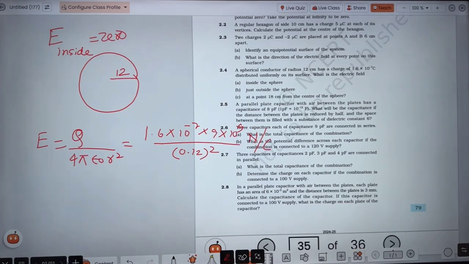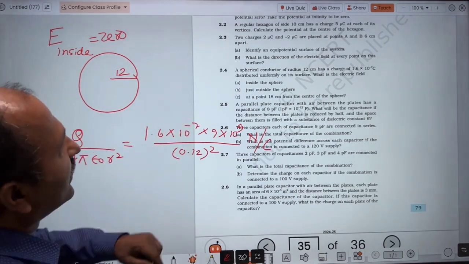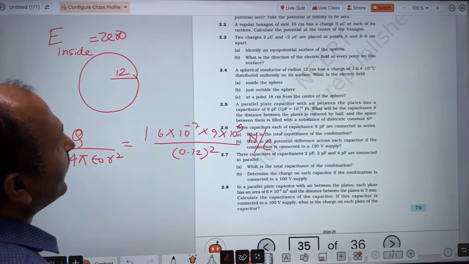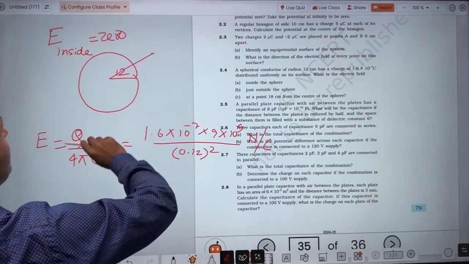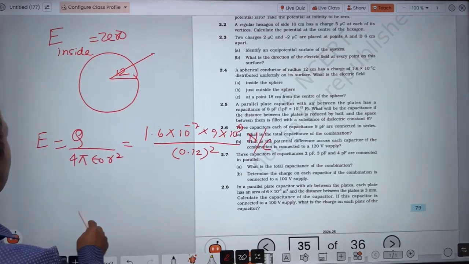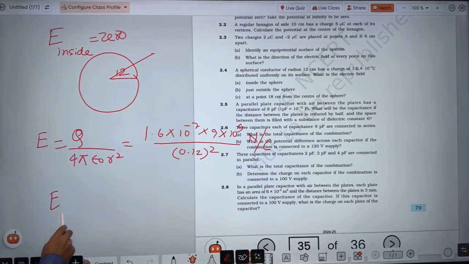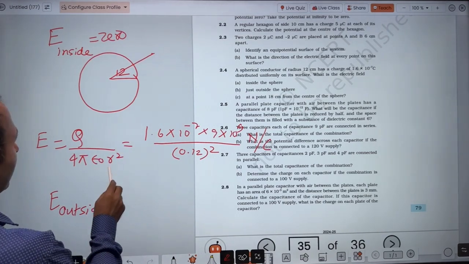This time it will become 1.6 into 10 power minus 7 into 9 into 10 to the power 9 divided by 0.18 whole square and Newton per coulomb. Evaluation you can do, so I am leaving it for you. Is it okay?